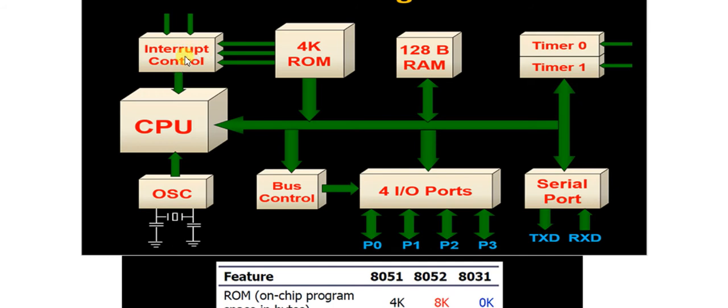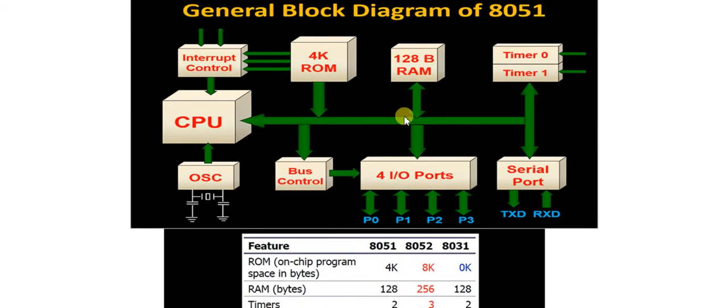It contains an interrupt control block. It contains 128 bytes of on-chip RAM, 4 kilobytes of on-chip ROM, two timers, timer 0 and timer 1, and four IO ports. The four IO ports are P0, P1, P2, and P3.